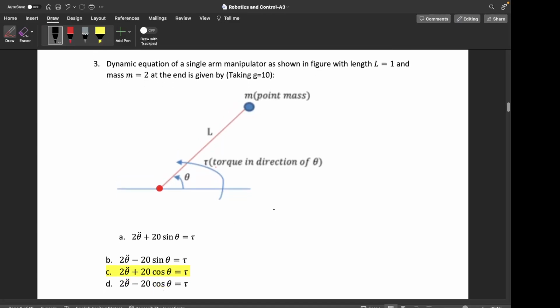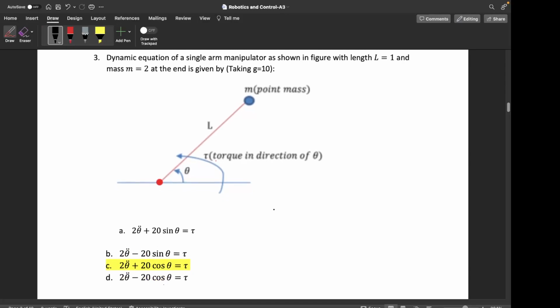So there is a point mass, and basically it's a single arm manipulator with a point mass. It's not an extended mass, and we have a torque. So basically you have to find out the dynamic equation of motion.